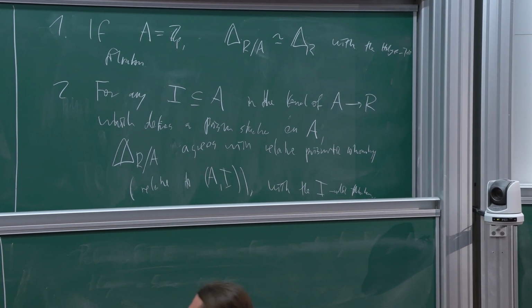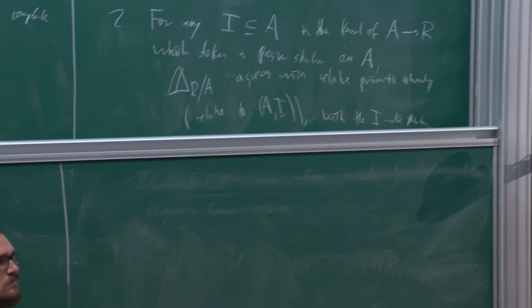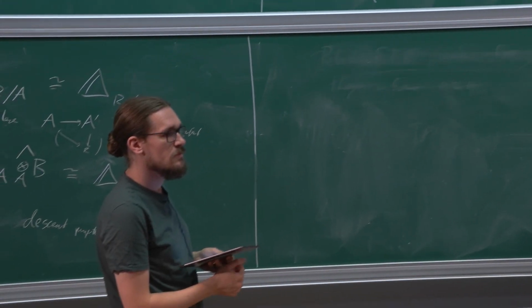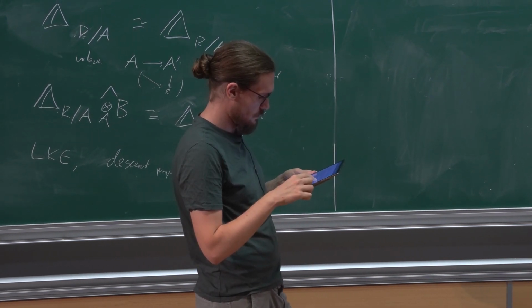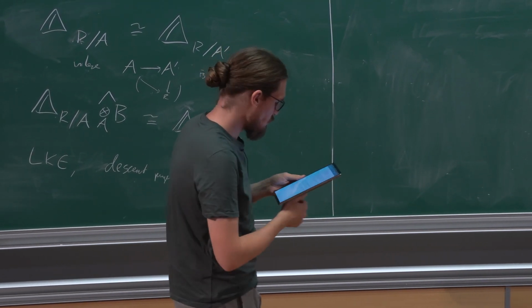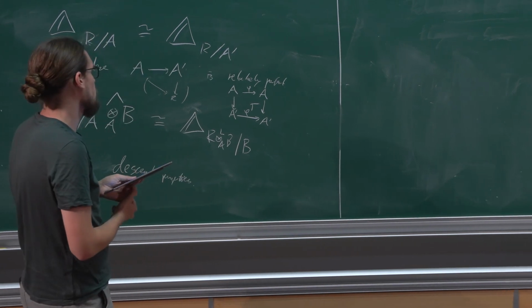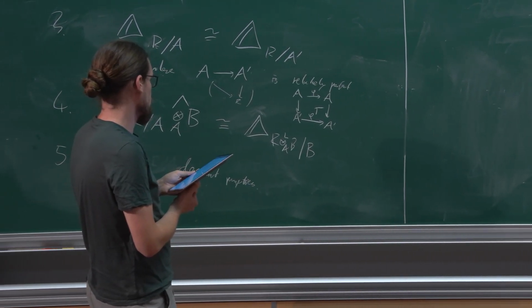Okay, but if you fix the base delta ring and you just consider algebras over it, then it is left Kan extended from smooth, or no, from the polynomial.